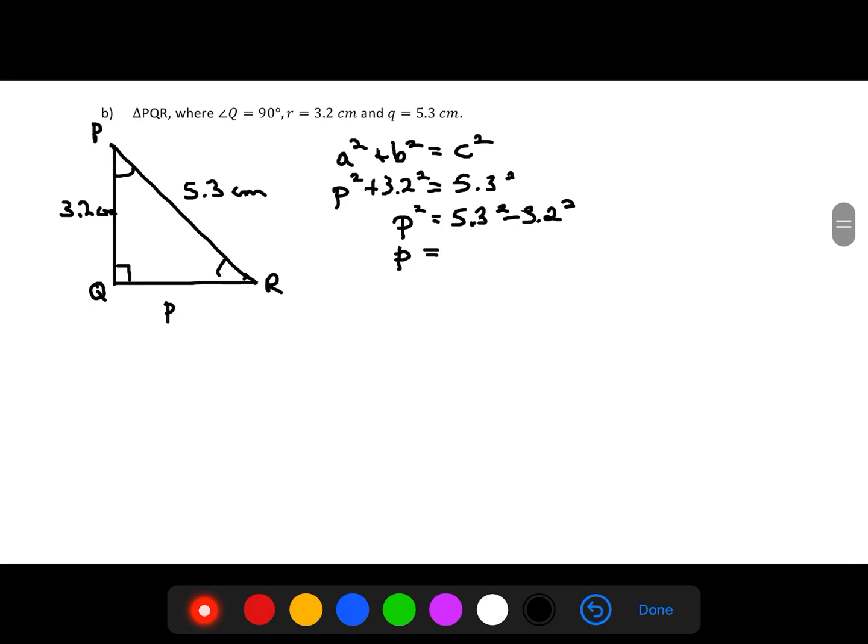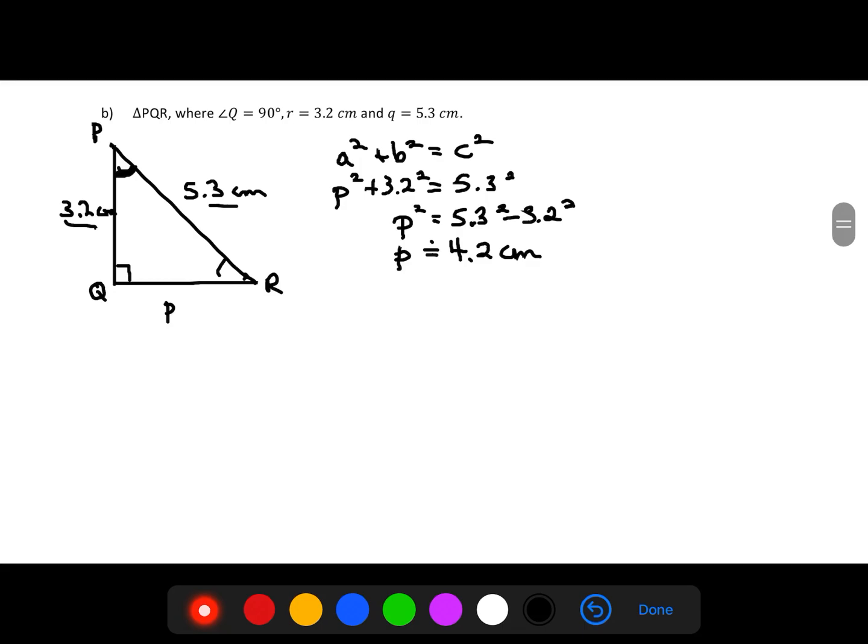And we're going to put 5.3 squared minus 3.2 squared, and we're going to square root that. We can do that all in one step in our calculators, rounding to one decimal place because we're solving for a side. We get that p is equal to approximately 4.2 centimeters. Now we have a couple of angles that we want to find.